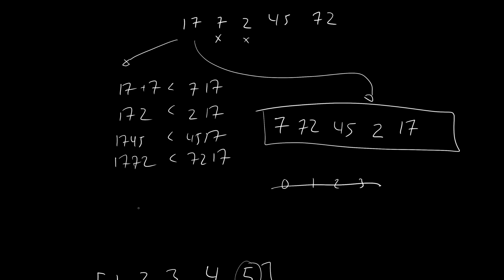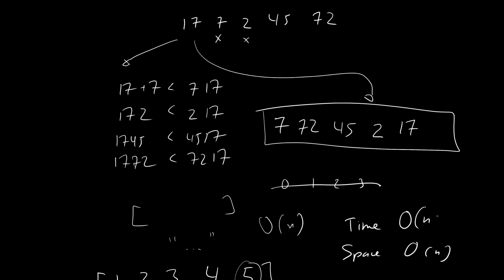We have to store the array, and we also have to output the string at the end. And then the string is O of n. So that means the space complexity is O of n, and the time complexity is O of n log n. Cool. All right, so let's code this up.